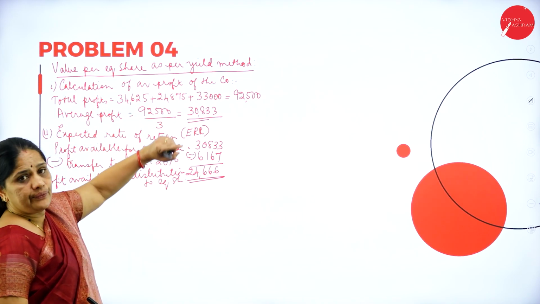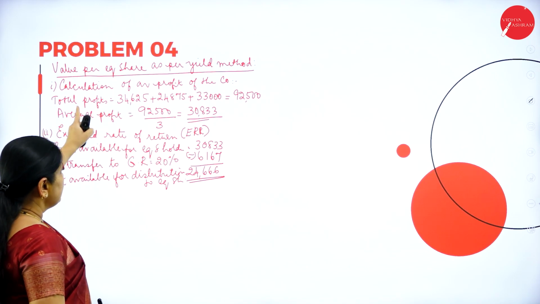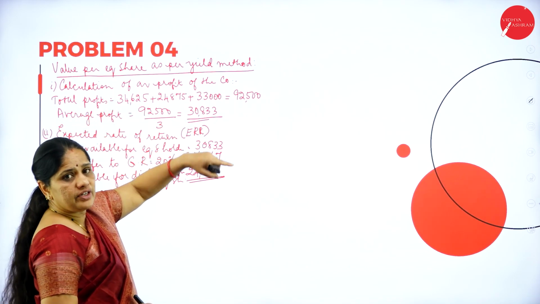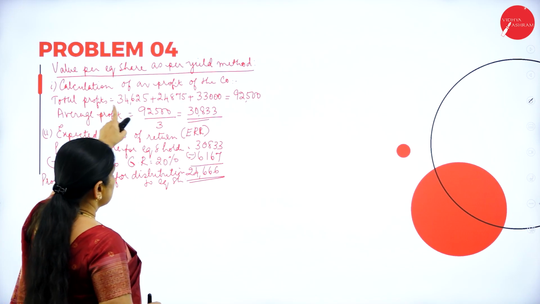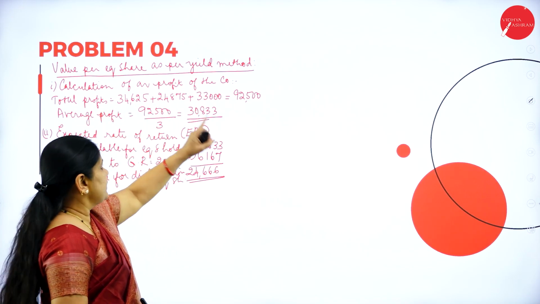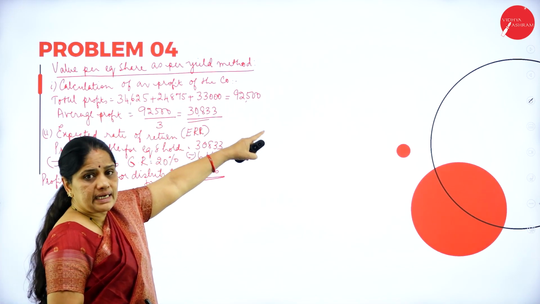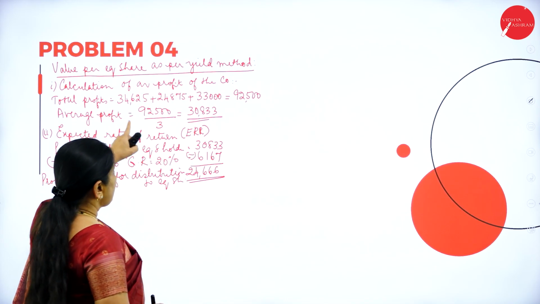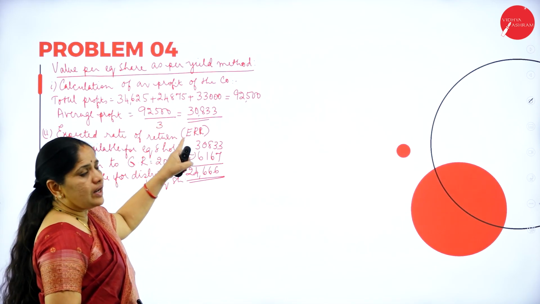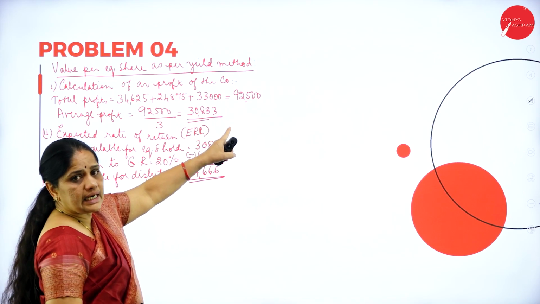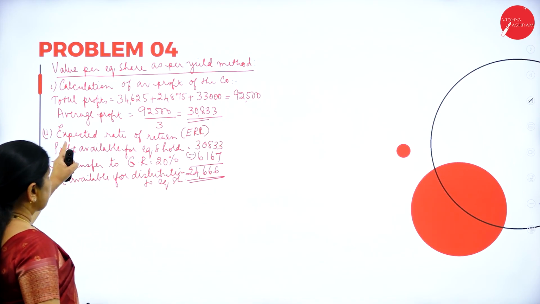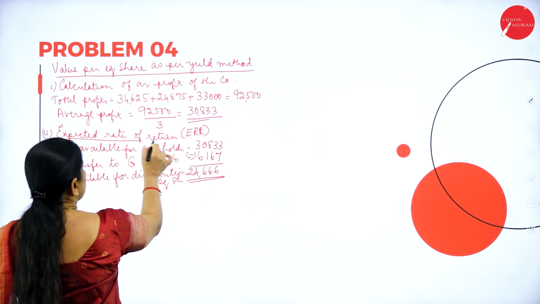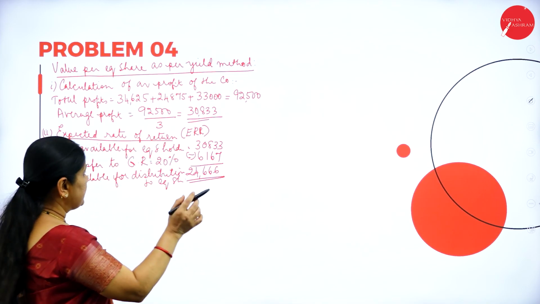So value per equity share as per the yield method. First thing is calculation of average profit of the company. So the total profits for the 3 years is given. So when I add all this, I get 92,500. So average profit, I divide it by the number of years, I get 30,833. Now the next step is calculate the ERR, that is the expected rate of return.